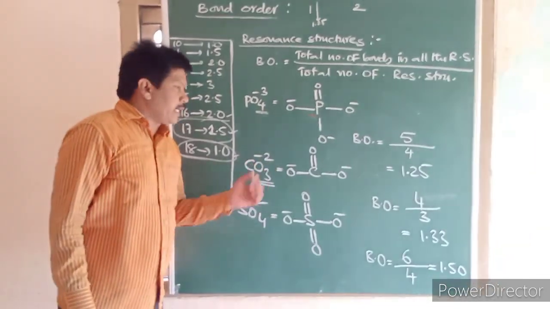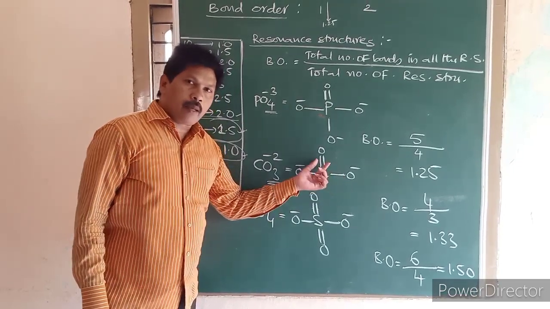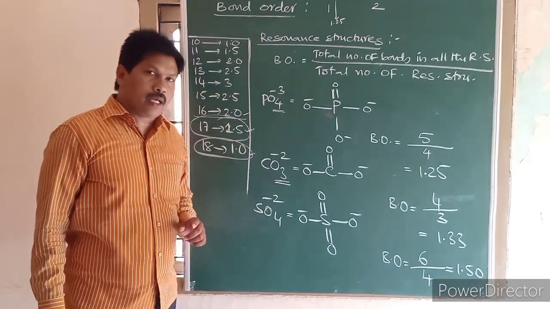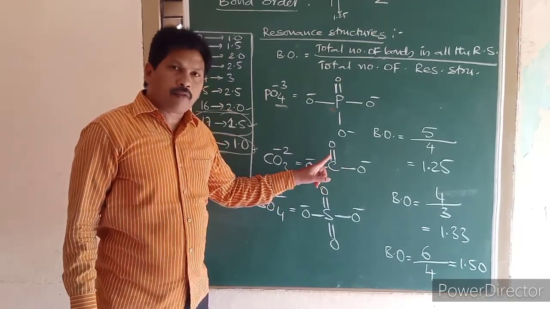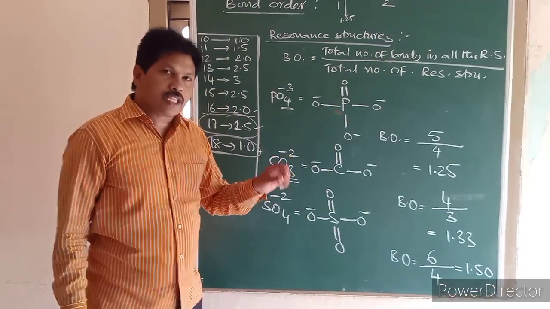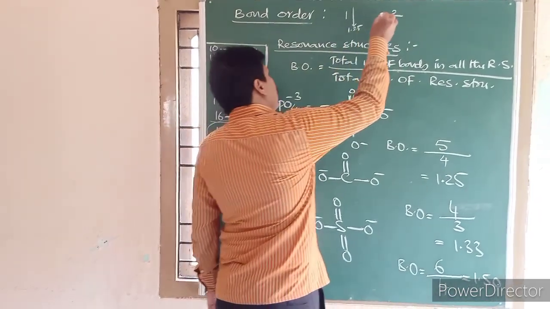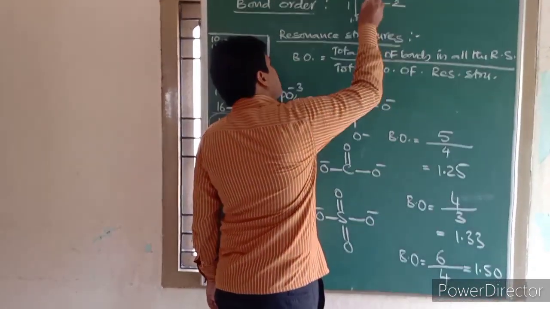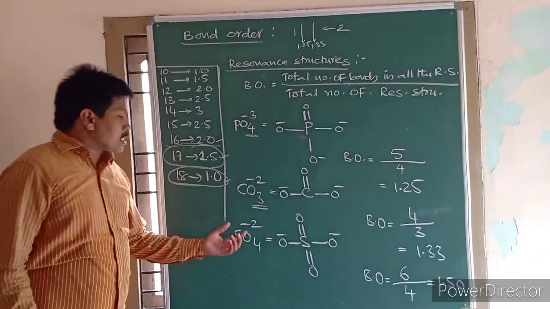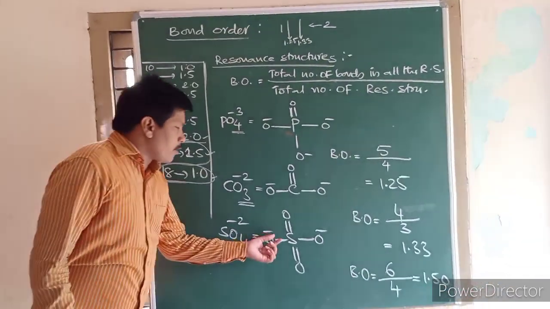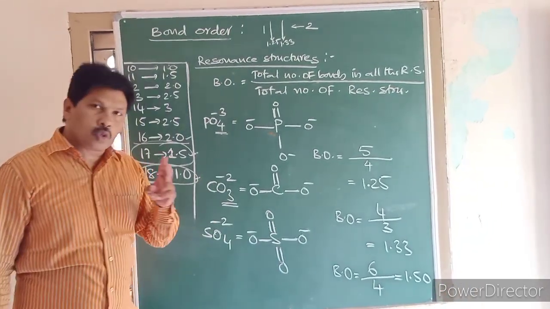And in the carbonate ion, the number of single bonds is 2 and the number of double bonds is 1. The number of single bonds is more than the number of double bonds. That's why its bond order is also very near to 1 and far away from 2, that is equal to 1.33. And in the sulfate ion, the number of single bonds is 2 and the number of double bonds is also 2.